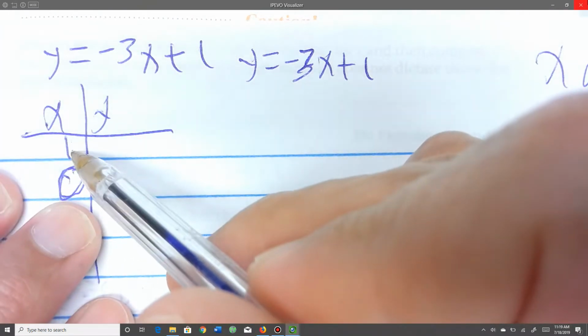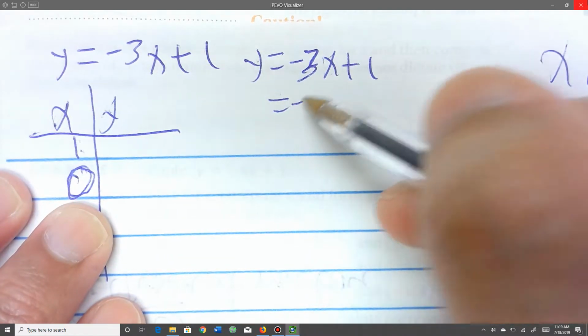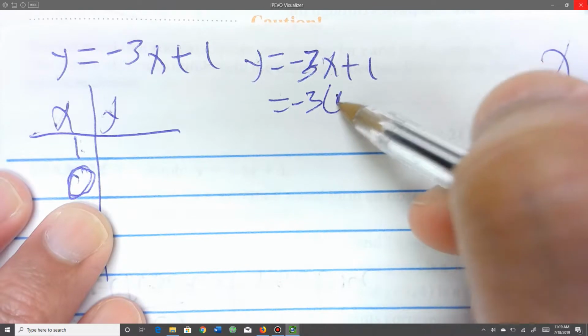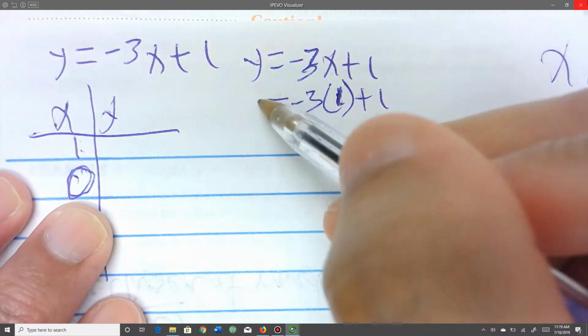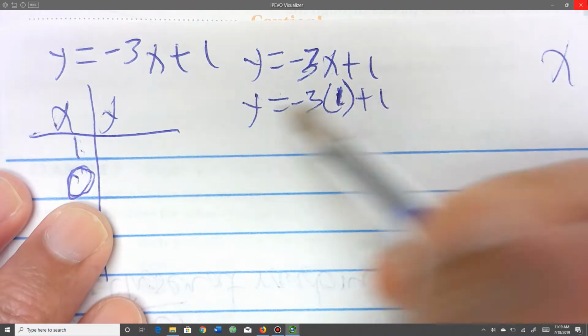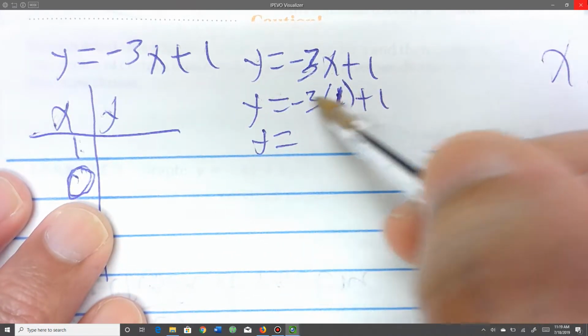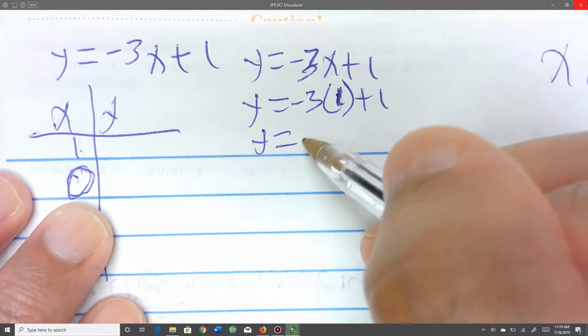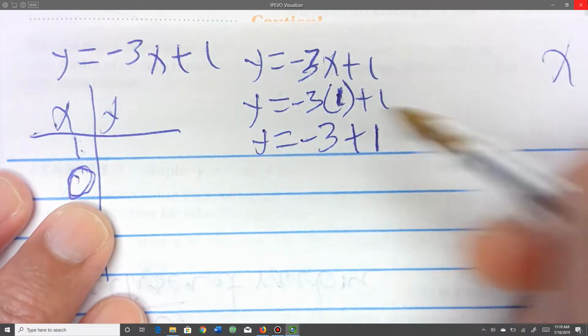And I know that for the first ordered pair my x value was 1, so I need to substitute that into the equation, rewrite everything else. Go ahead and perform the operations. -3 times 1 is -3. Rewrite everything else.